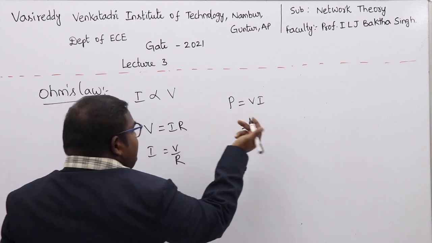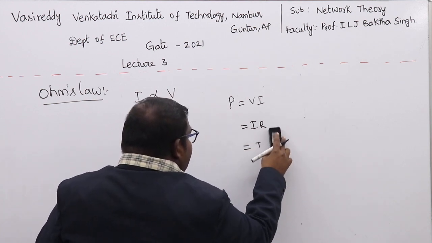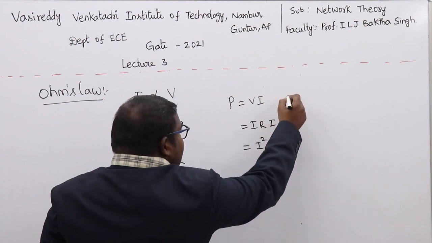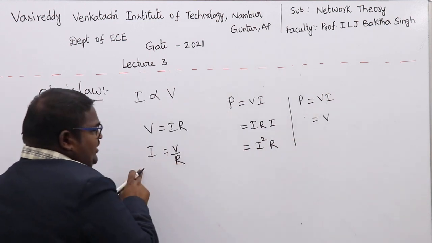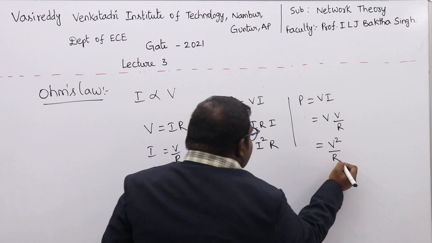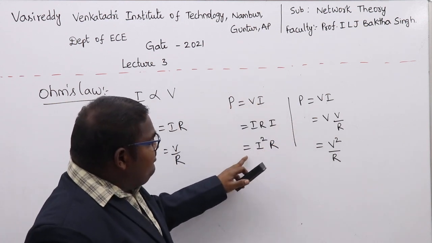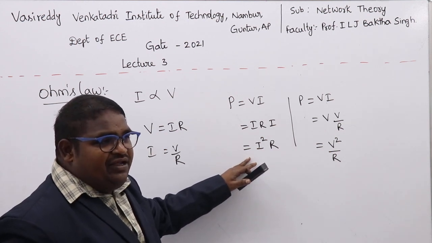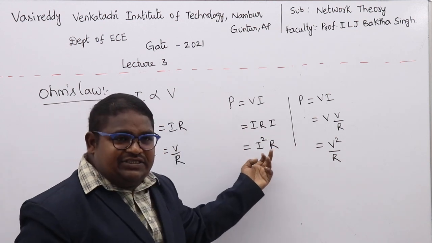Substituting V is equal to IR, we get IR into I, which is I square R. Similarly, substituting I is equal to V by R, we get V square by R. Hence the power absorbed by the resistor is V square by R or I square R. Generally we use I square R.